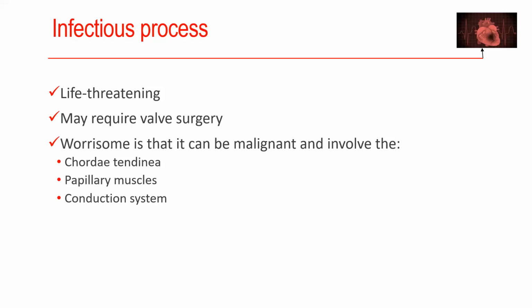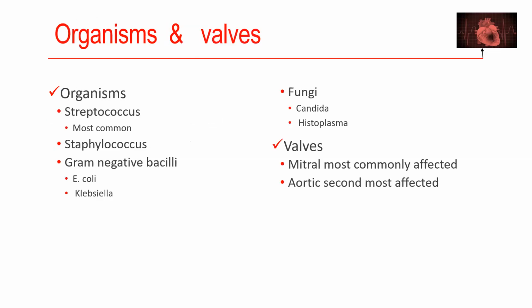Okay, so attacking the cords, also attacking the papillary muscle, which tends to have a kind of an abundant oxygen delivery and is very attractive to the bacteria. Okay, and also attack of the conduction system. So those are things that we can see with infectious process and endocarditis.